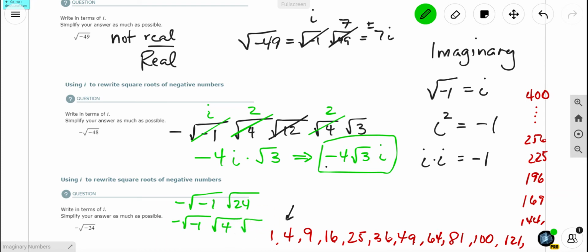So 24 is 4 times 6. 4 is a perfect square, so we want to pull it out. The square root of negative 1 is i, the square root of 4 is 2, there is no square root of 6, and then the negative is here. So the answer is going to be, put the real part first, negative 2 square root of 6 i.